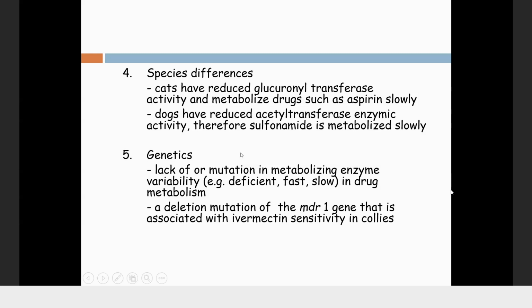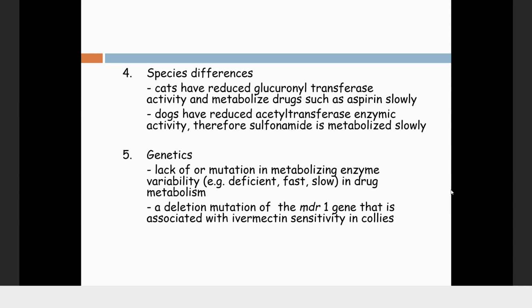Genetics. On genetics, lack or mutation in the metabolizing enzyme, the enzyme variability, can affect the drug metabolism. They are either deficient, or they are fast or slow producing, which can affect the drug metabolism.